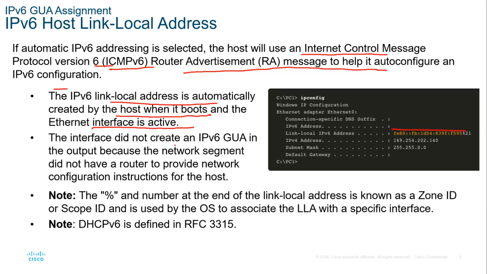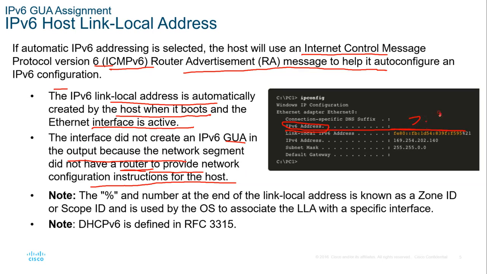The interface did not create an IPv6 global unicast address in the output because the network segment did not have a router to provide network configuration instructions. That's the reason why the global unicast address is not generated here.